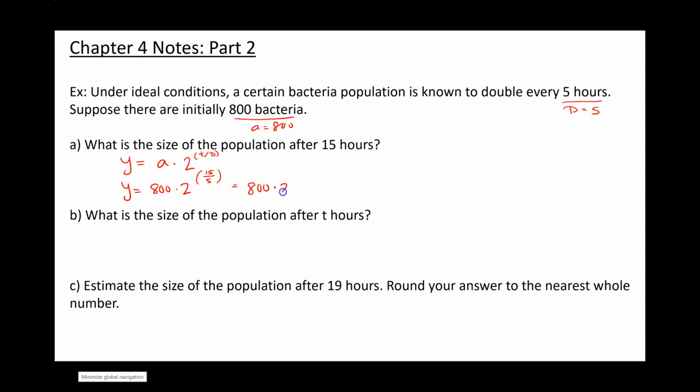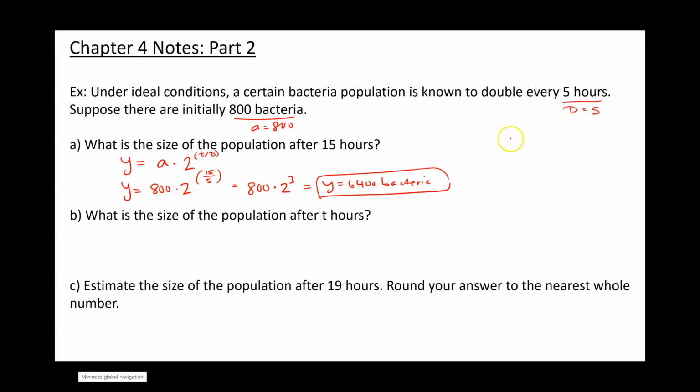So we have 800 times 2 to the third power. Remember the order of operations, we have to do the exponent first, but what I recommend is just putting this in the calculator left to right the way we see it, 800 times 2 cubed, and then this will give you y equals 6,400 bacteria after 15 hours if the doubling time is 5 hours.